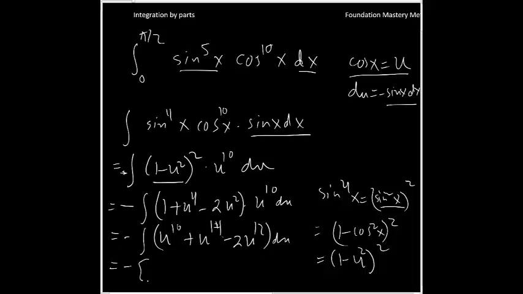So I'm integrating. U to the 10 will give me u to the 11 over 11 plus u to the 15 over 15, and then minus 2u to the 13 over 13 plus an integral constant, and then substitute back u equals cosine x.